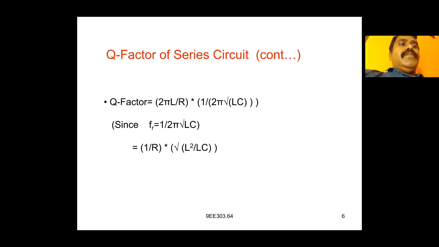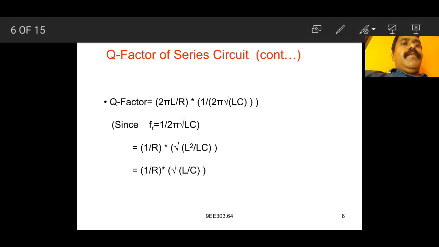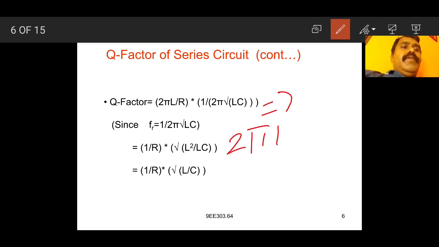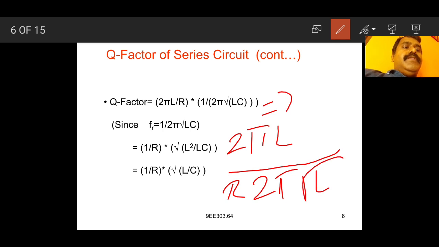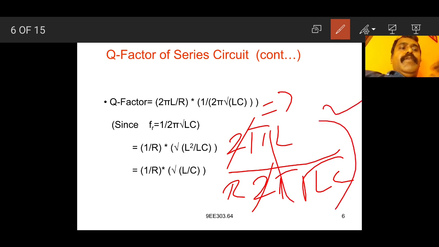Again, if we substitute here, this one is equal to 2 pi L divided by R into 2 pi under root LC. The 2 pi will get cancelled, and we get L; we have to take the square here, and if we take under root of the square, we can express this.